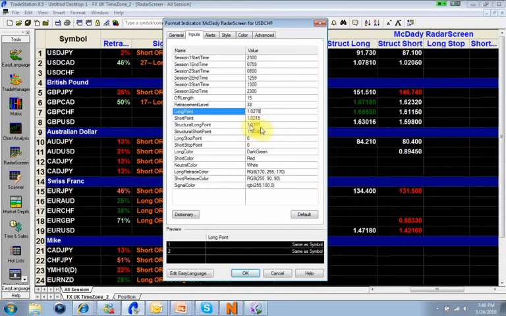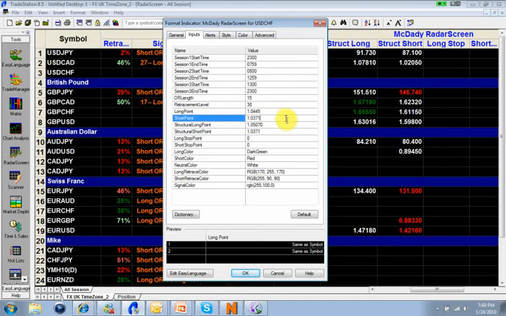These are the long points. So our structure long and our structure short is the same. And the structure long in this case is the 105 handle. So I'll make it exactly like it looks on the chart, the 105.07.